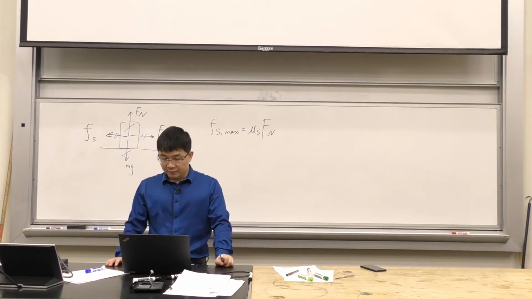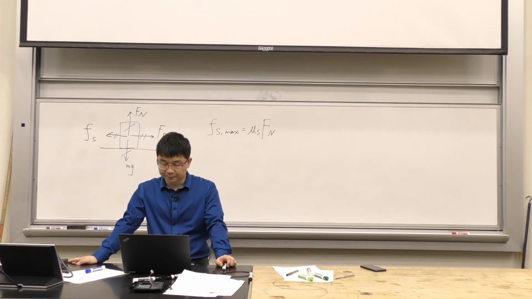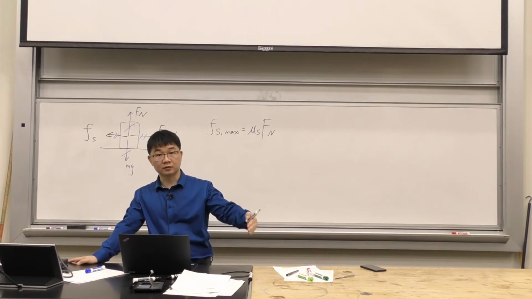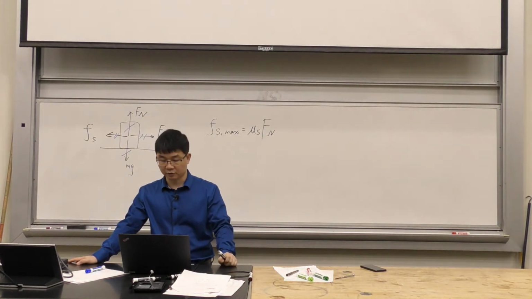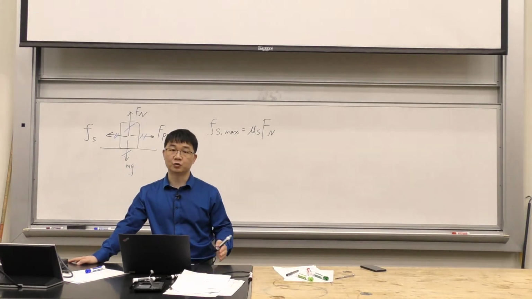So that's what happens. Take a look at this image on the second slide. That's what happens when you push something on the surface. You push it with a force, it's not going to move, so the surface is going to provide a static friction force with the exact same value as the pushing force.